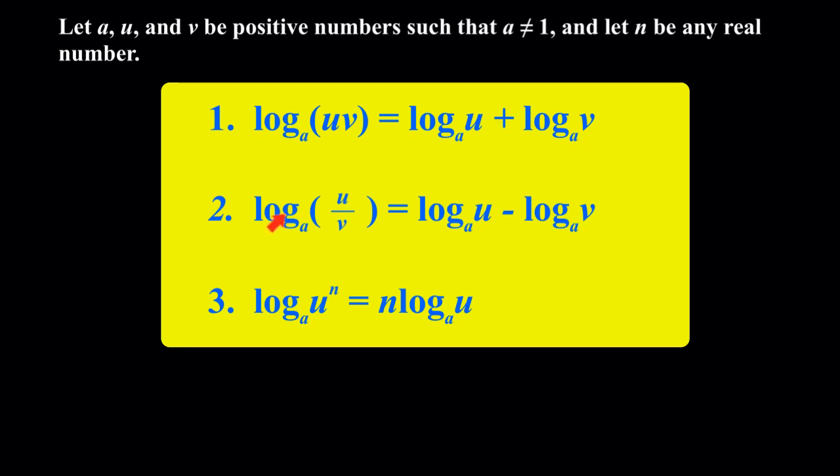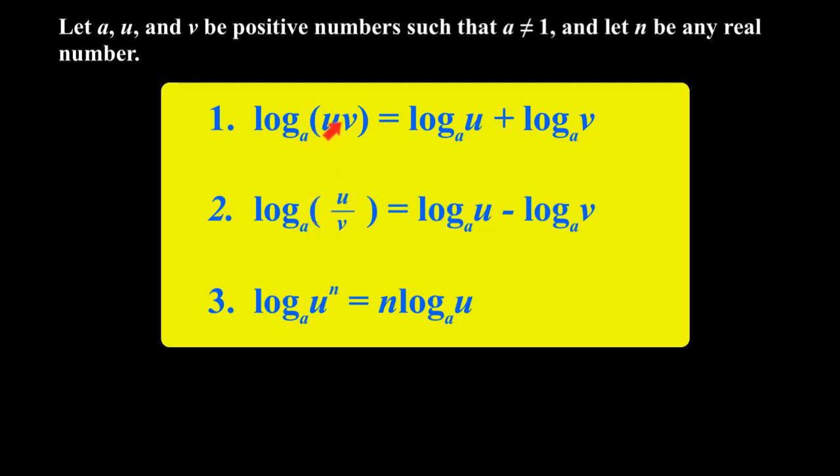And likewise, if we have the log of u divided by v, we can separate this problem into two logarithms, where you have the log of u, which is the top value, minus the log of v, which is the bottom value. So looking at these, they're very similar.